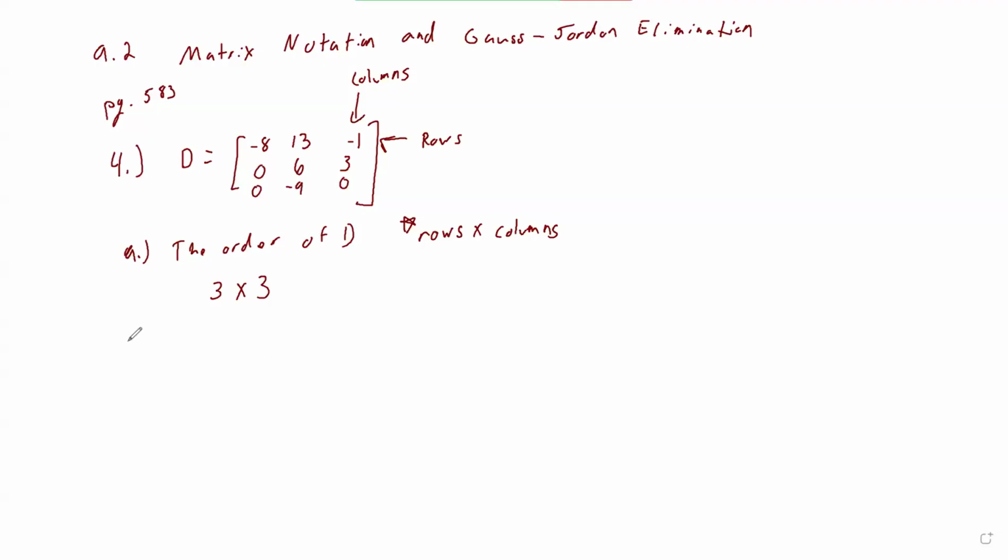The next thing you're going to be asked to do is determine the value of D23. That basically just means these are the placements. I'm going to use lowercase d since this is capital D. When I go D11, that means row 1, column 1.